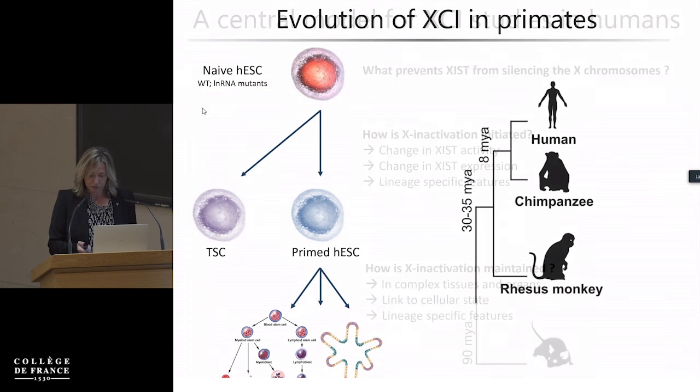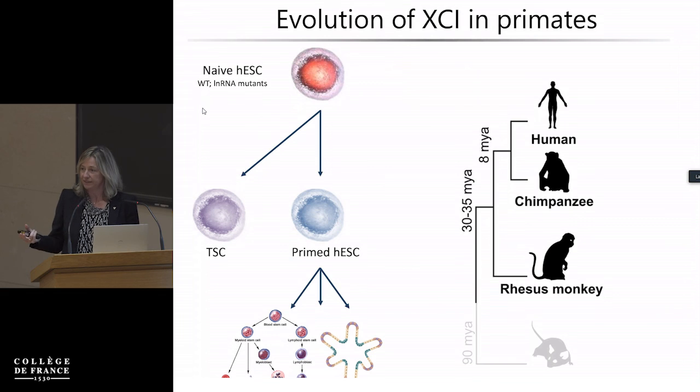We are also interested in understanding the variability in X chromosome inactivation mechanism and dynamics across primates. So far, what I've shown you is that there are quite some differences between human and mouse, but these two diverged 90 million years ago, so this is a while, and we are really interested in understanding how flexible epigenetic processes are across a more limited time scale.